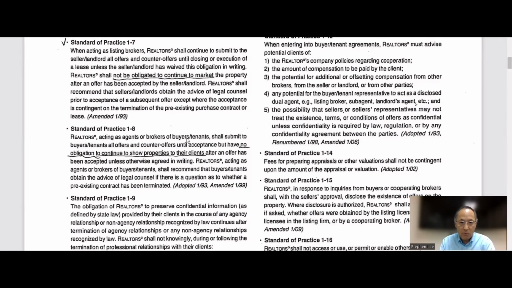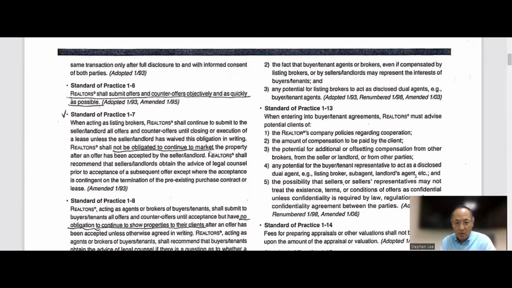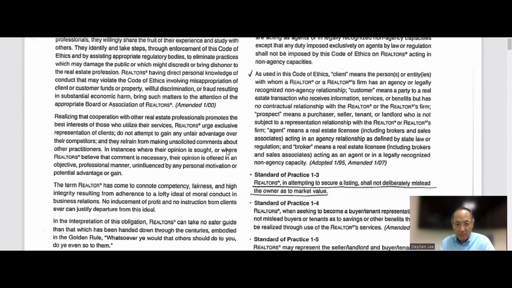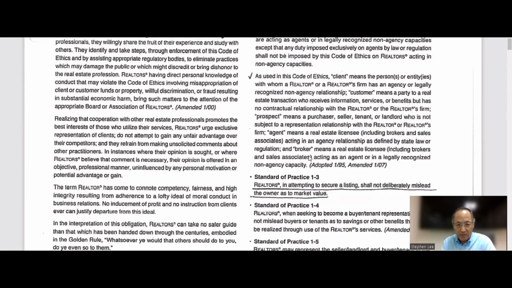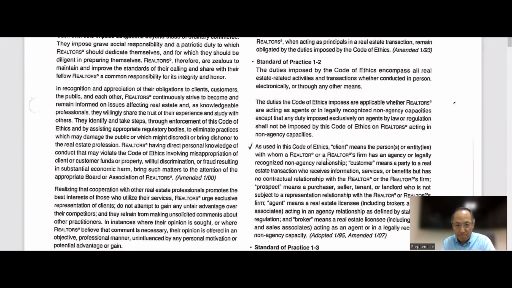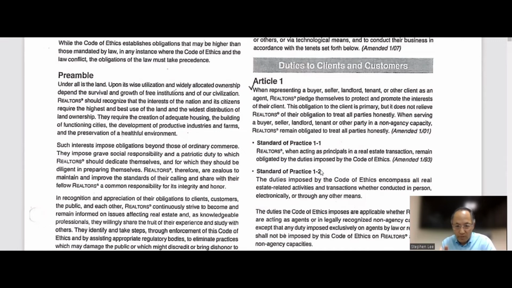Okay, so while we're looking at this Code of Ethics sentence by sentence, you will get the real stuff. Usually between agency and between agents and between brokers and agents, we just talk and you ask someone else what to do.